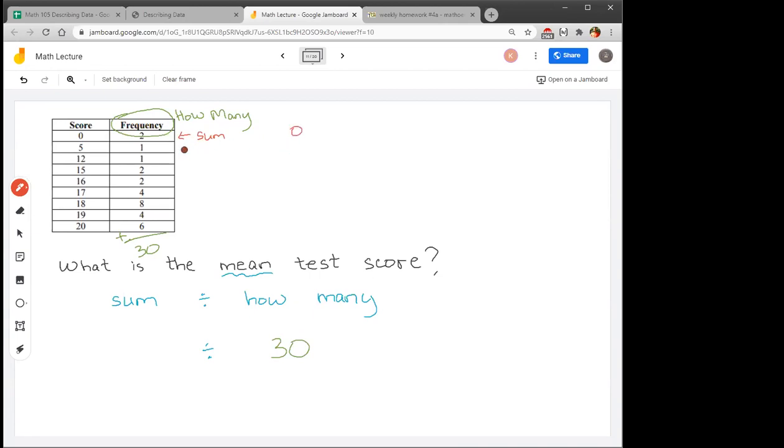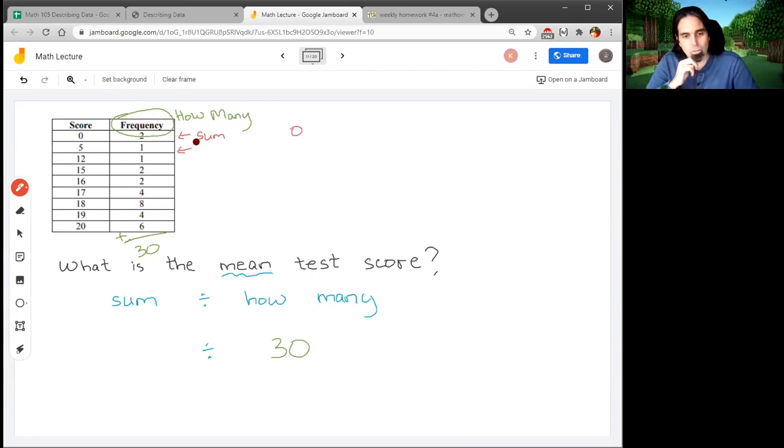0. In this row, 1 student scored 5. And as Eli just said, we're multiplying, right? 5 times 1. So for the third row, it's 12 times 1. For the next row, 2 students got 15. So we have 2 15s added to our total so far. And we have 2 16s, and I'm drawing in a different scale than I want to be.